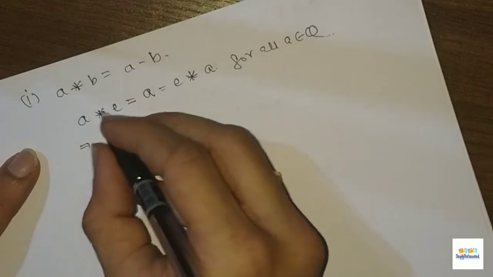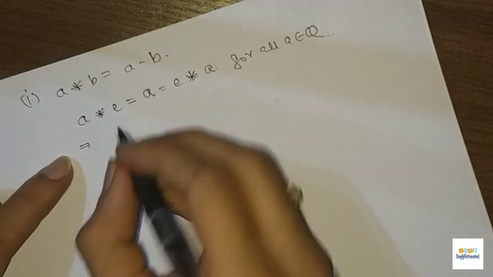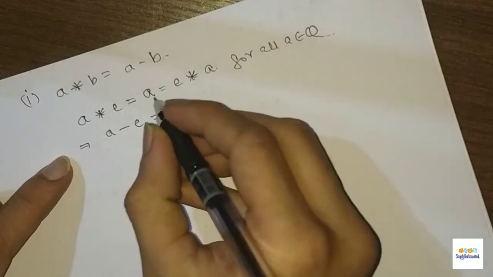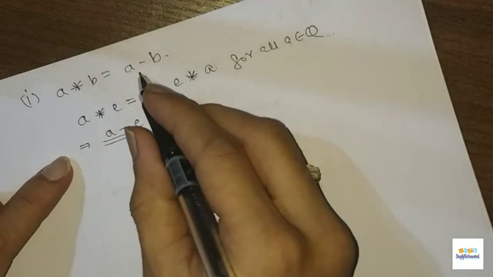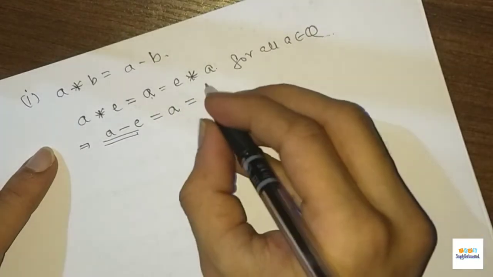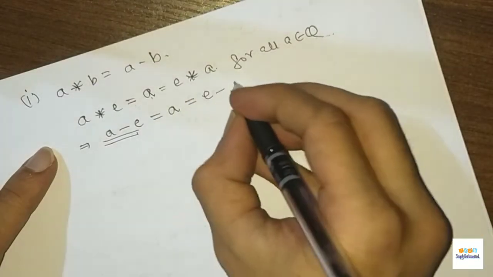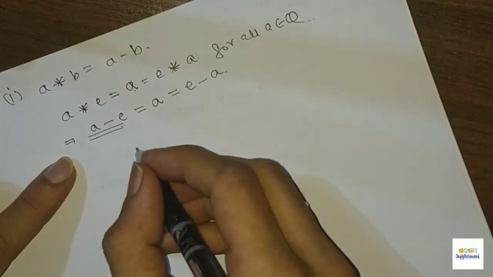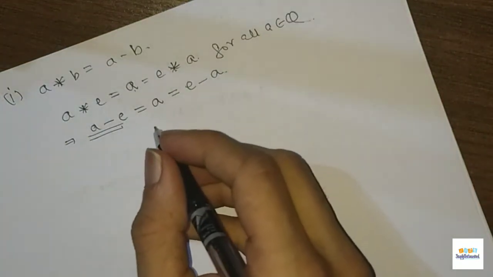Now a star e is, by the operation, a minus e, which is equal to a, which is equal to e star a, which is e minus a.